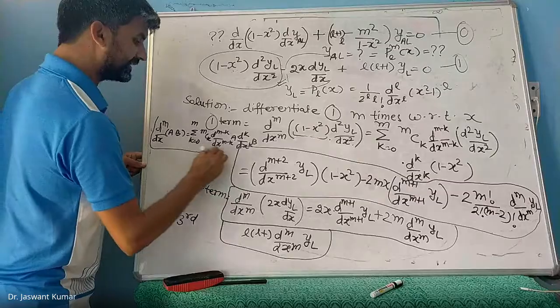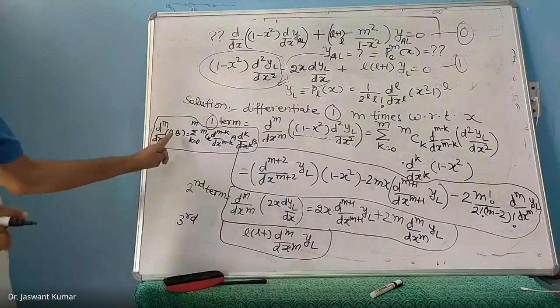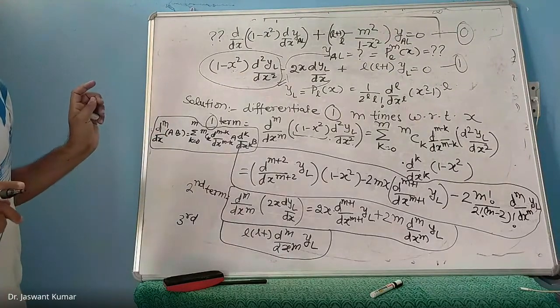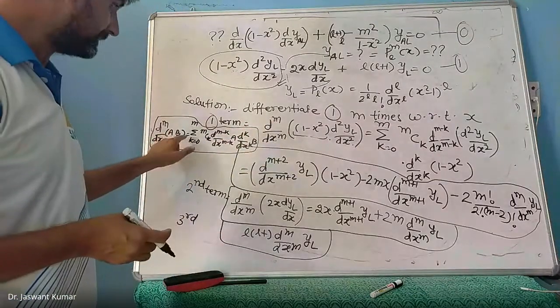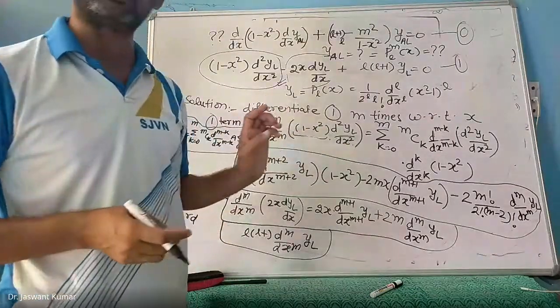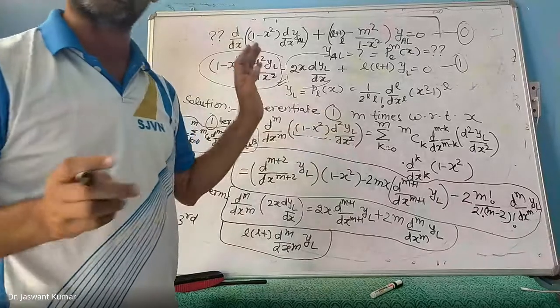This is the general formula, students. ये आपका सबसे जनरल फॉर्मूला होता है mth डेरिवेटिव. Okay? So now a, b we had 1 minus x square and d2y_L by dx2.